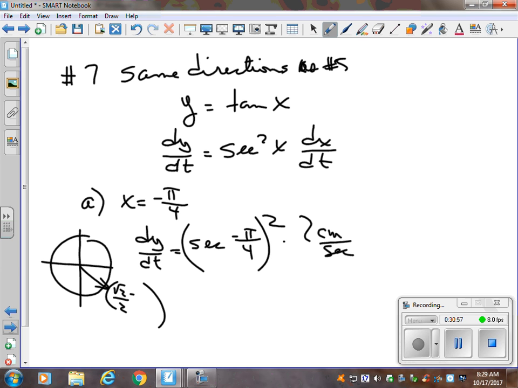Because every time you do fourths, you know they're square root 2 over 2. You just got to remember which one's positive and which one's negative. But secant's the reciprocal of what? Cosine. So we're going to do this one. So we're going to flip it and plug it in our formula.